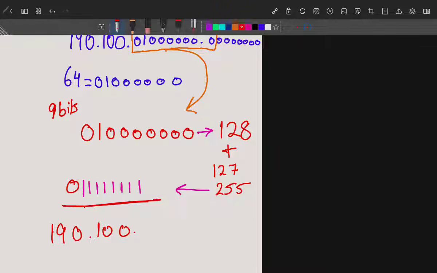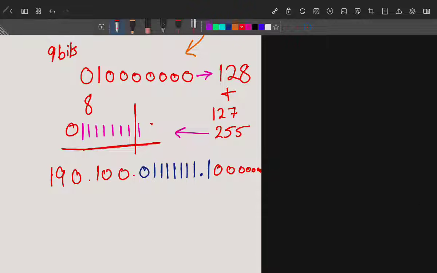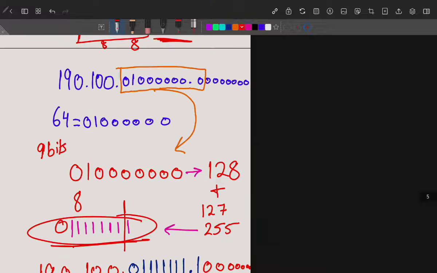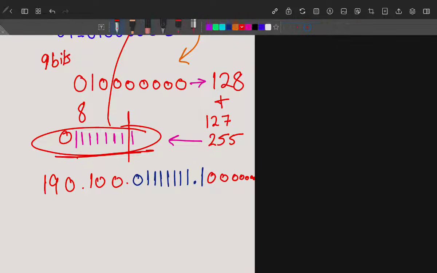This number is 9 bits, so I'll be splitting this, getting 8 bits in here and the remaining bit there. So what I've done is put this number in place of the previous number to get this.